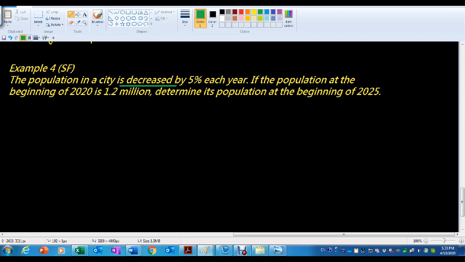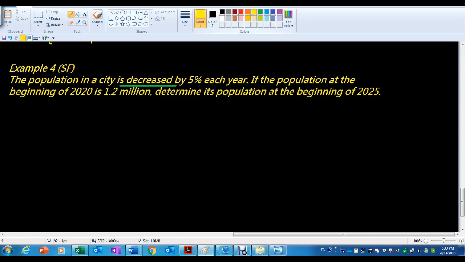If the population at the beginning of 2020 is 1.2 million, determine the population at the beginning of 2025. Because both are at the beginning of a certain year, the number of years between 2020 and 2025 will be 5 years, right? So let's see how we could calculate that.